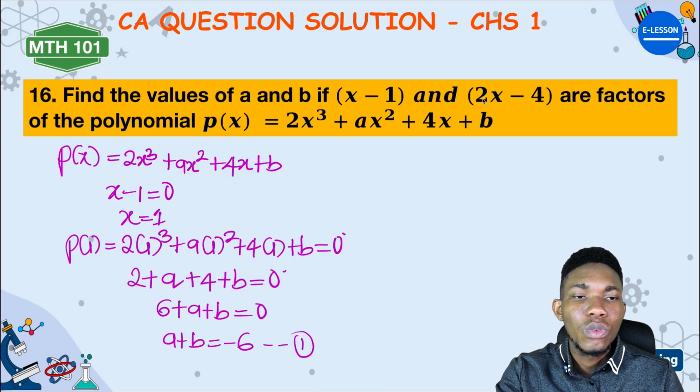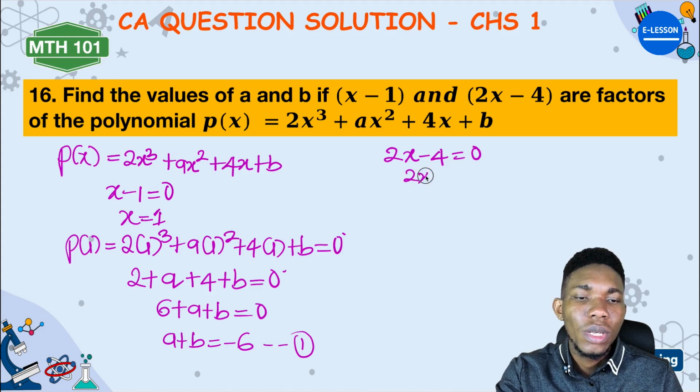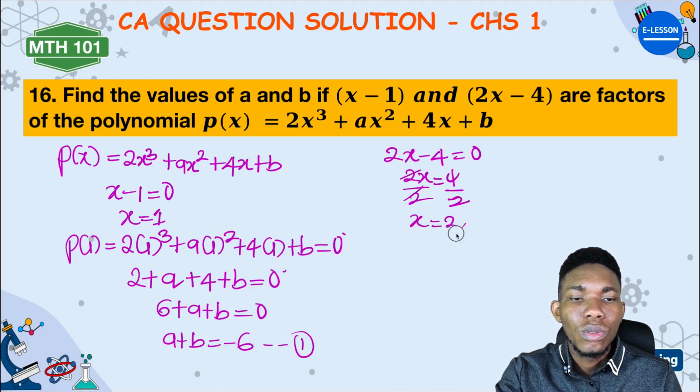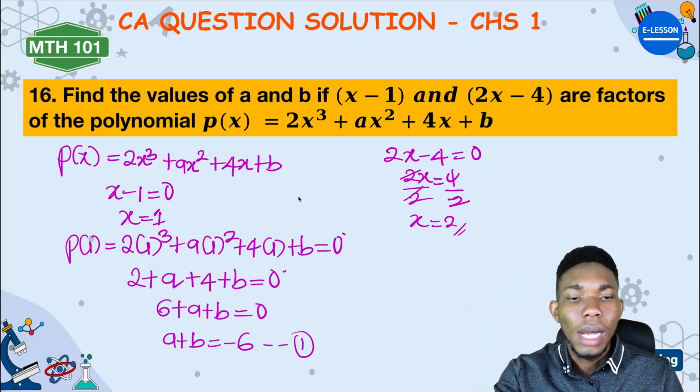Then the second one is 2x minus 4. So we put that one into the equation. 2x minus 4 equals 0. 2x will be equal to 4. If this one crosses to this side, divide both sides by 2, my dear student. x will be equal to 2. Put that one into this equation and equate it to 0, right?